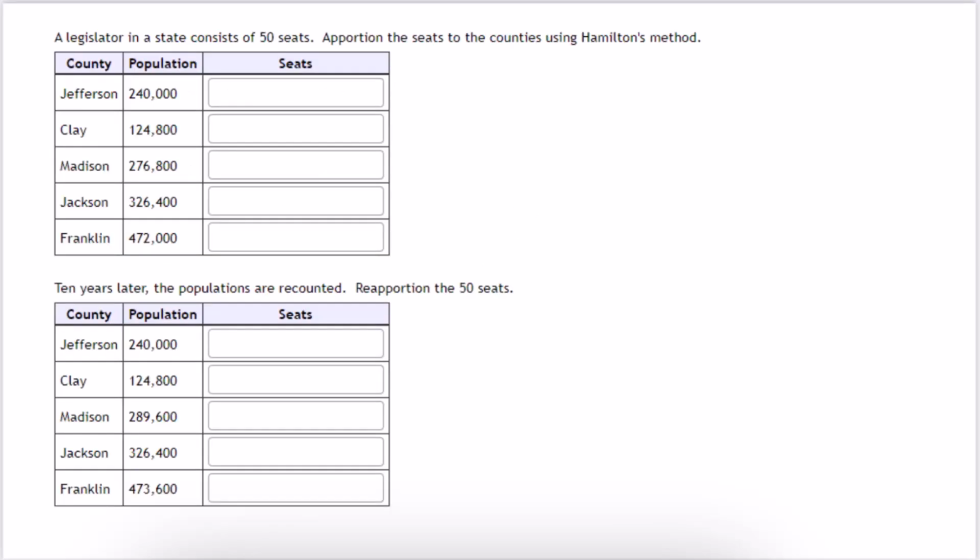So to see a simplified example of this, let's look at a state that has 5 different counties and 50 seats in each county. So if we were using Hamilton's method, we would have to add up the total of all of the populations, which in this case would be 1,440,000. And if you take that number and divide by 50, you get a standard divisor of 28,800.